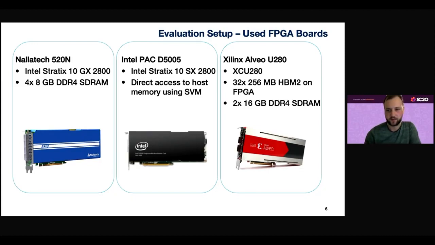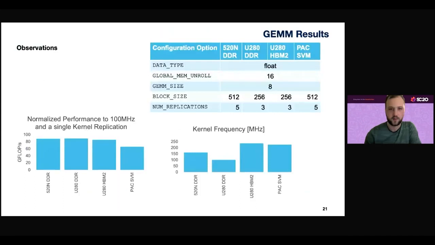That was something I wanted to emphasize with the matrix multiplication benchmark. The main problem was that because of the very high parallelism of the matrix multiplication, it was really hard to place and route the design efficiently on the FPGA, which resulted in a relatively low kernel frequency. And especially for GEMM, this of course reduced the performance.